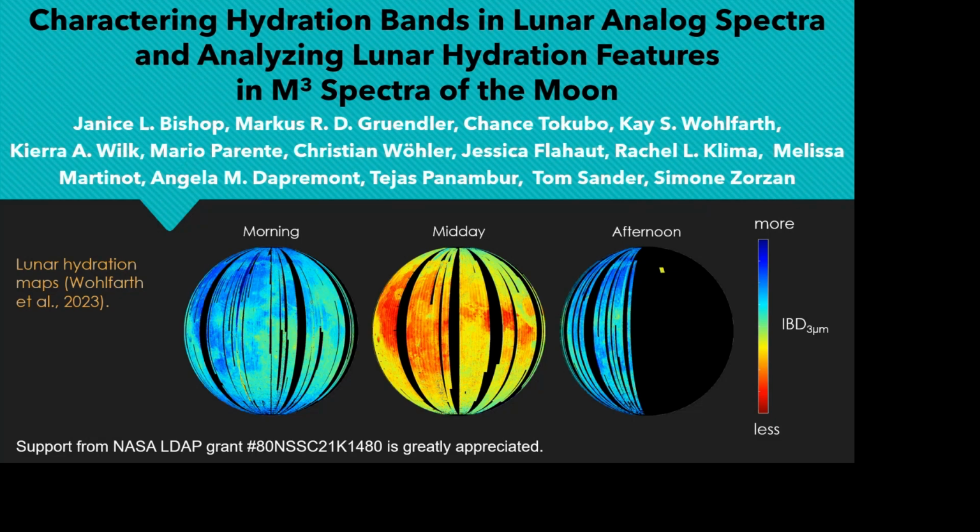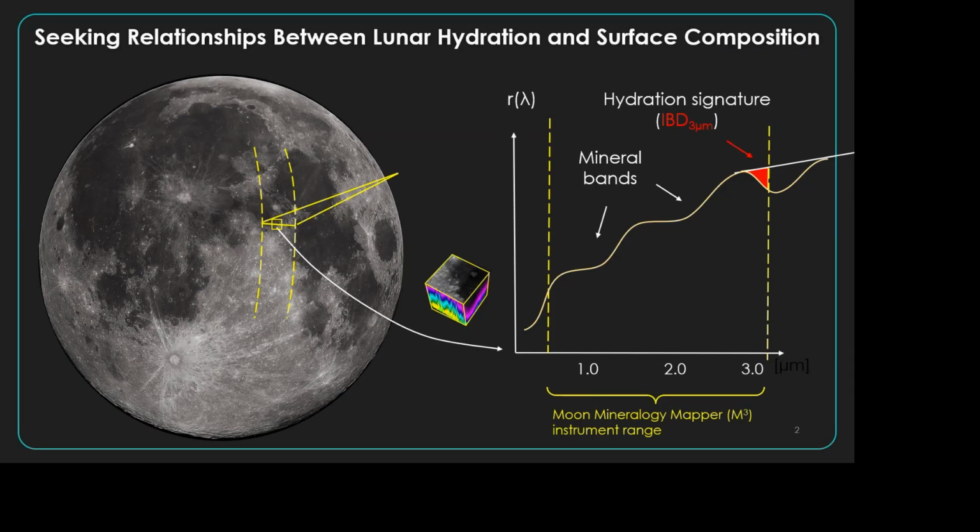M-Cubed, the Moon Mineralogy Mapper, is mapping the surface of the moon, or did map the surface of the moon, with spectra from about 0.4 to 3 microns. And you can see here the spectra with mineral bands that we've been talking about, as well as the hydration signature.